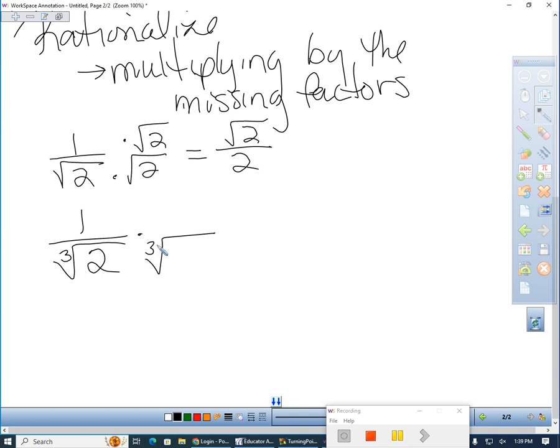How many more for a total of 3? 2 of them. So this is actually going to be 4, or 2 to the second. Right? So then I would multiply the top by the cube root of 4, or 2 to the second. On the top, I would have the cube root of 4. On the bottom, I would have 2, exactly.